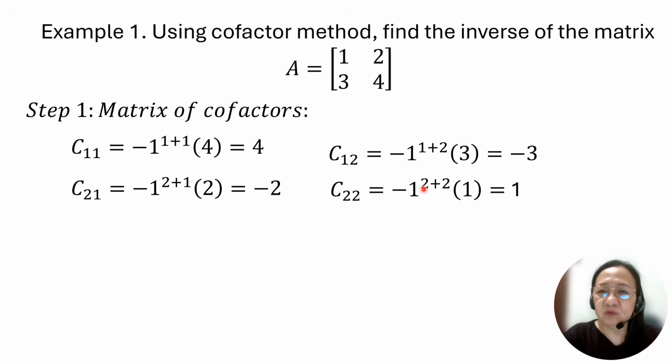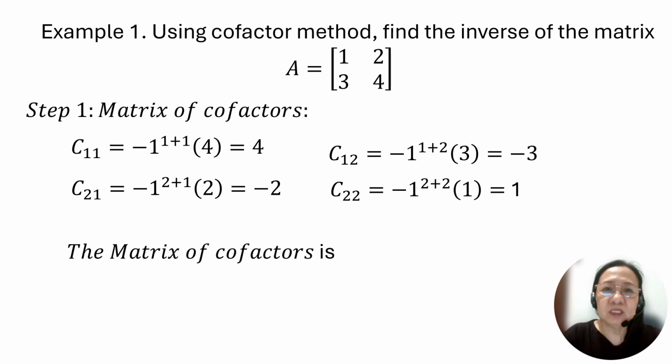So 2 plus 2 is 4 and 4 is even, so the sign is positive 1. 1 times 1 is 1. So what is now our matrix of the cofactors? We copy this: 4, negative 3, negative 2, positive 1. And this is our matrix of cofactors.